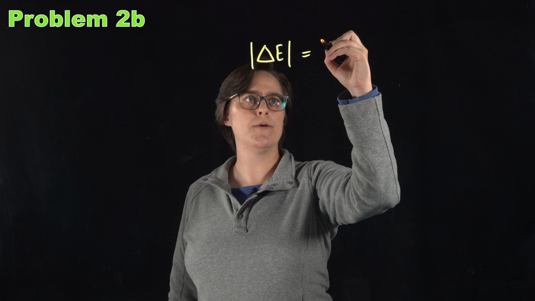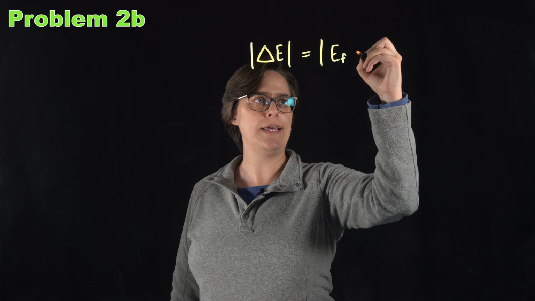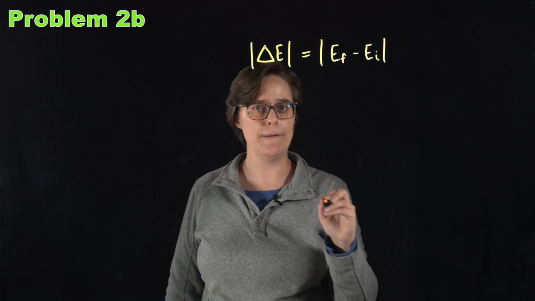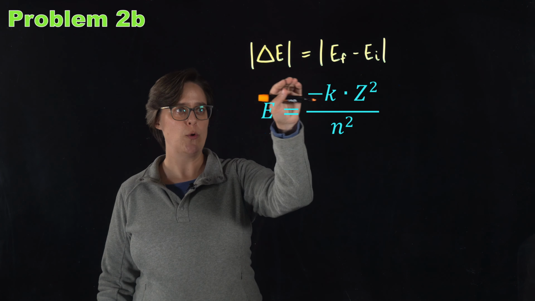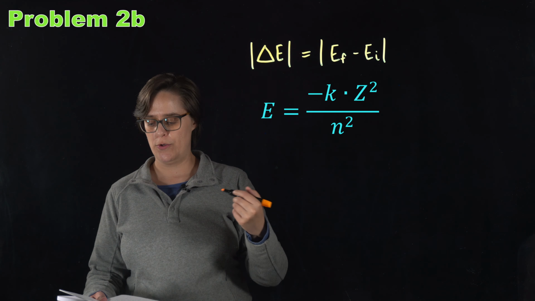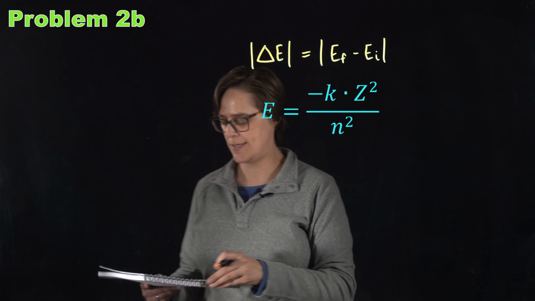This is going to be equal to the absolute value of the final energy level, EF, minus the initial energy level, EI. Now, the equation we used in that last problem, we can substitute that in here for EF and EI so that we don't have to use Rydberg constant and atomic number twice.